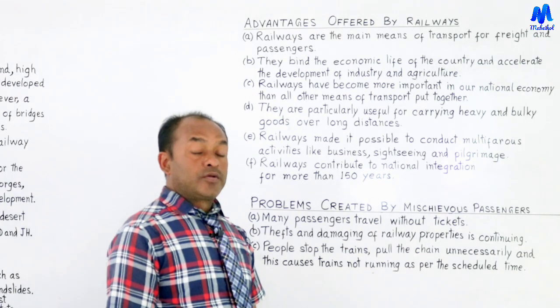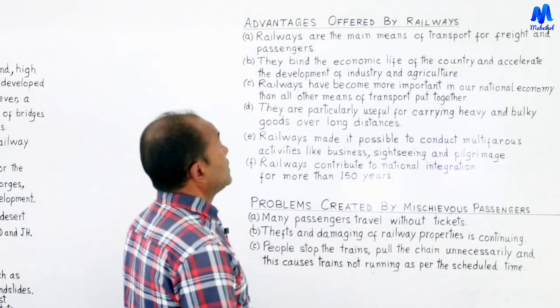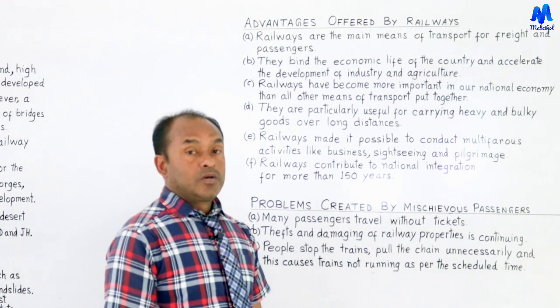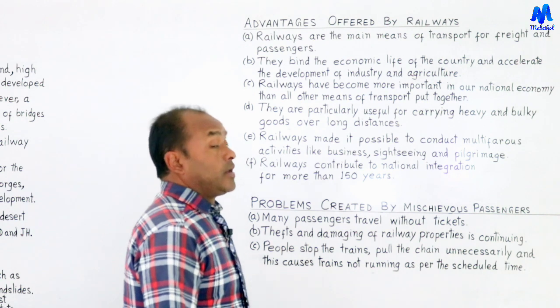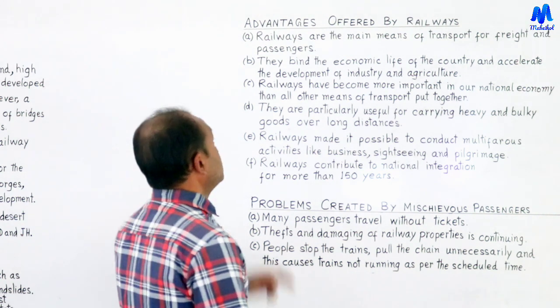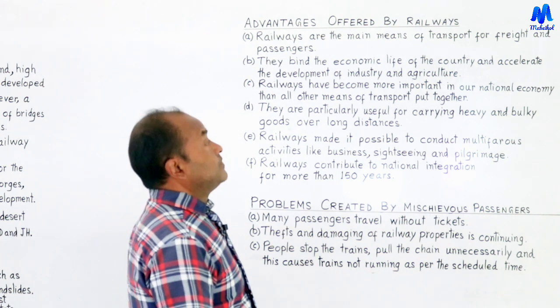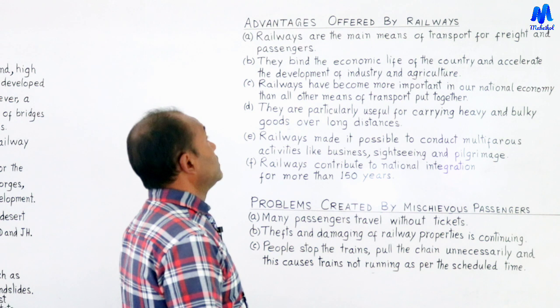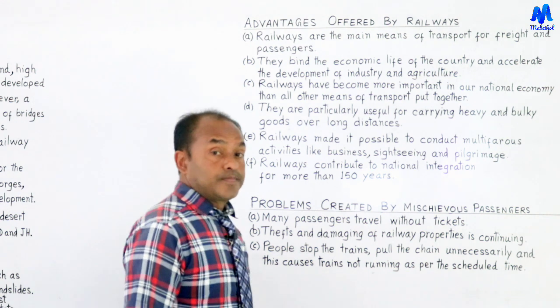So now we are going to discuss the advantages offered by railways. So many advantages have been offered by railways. First, this is the main means of transport for freight and passengers.